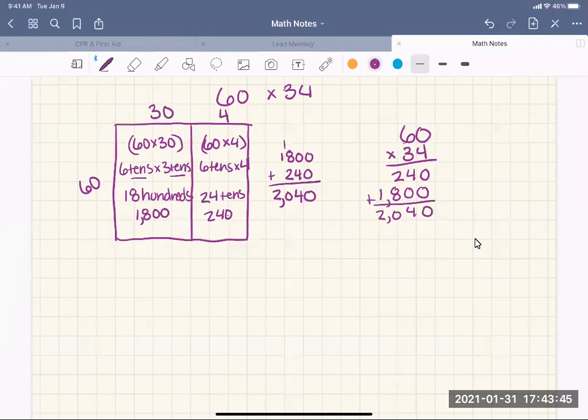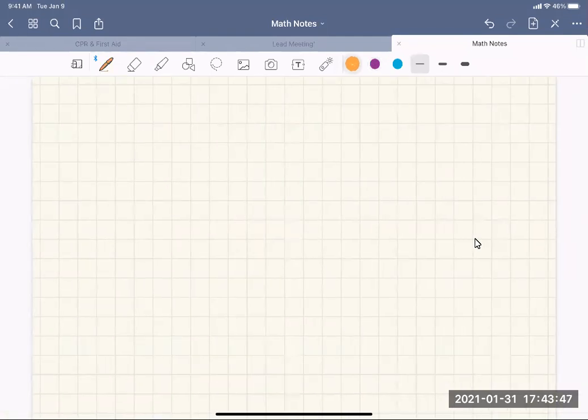Okay, so let's do one final example where we're going to work on writing it vertically in our standard algorithm. So the question is 90 times 34. You need to draw it using your area model first, and then write your standard.